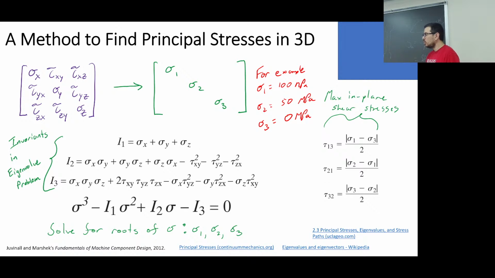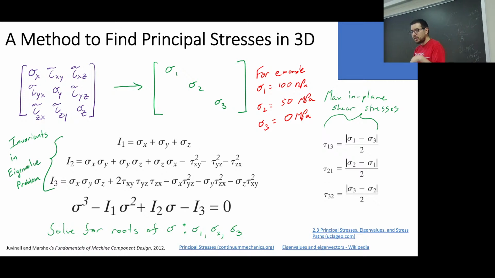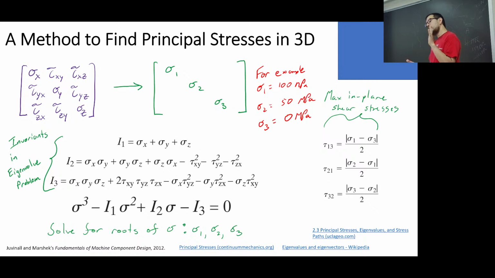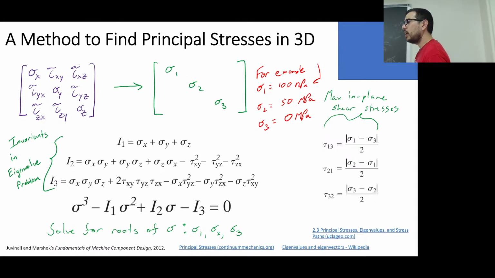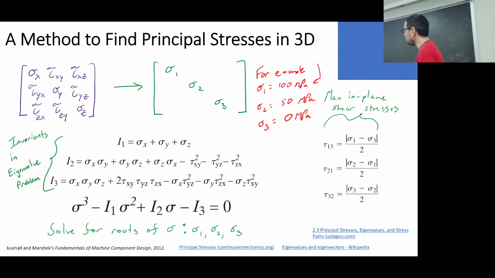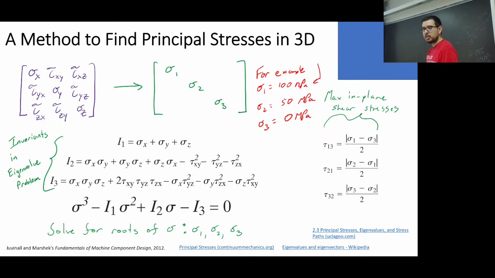So if I'm looking at criteria for failure, I'm trying to pick which criterion is going to be my best to determine whether or not I fail. If I'm just using maximum normal stress, well then, bing, bing, bing, this is the one of most concern, because that's the maximum normal stress, 100 megapascals.